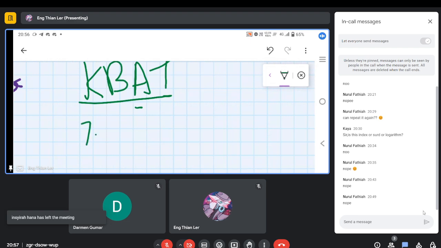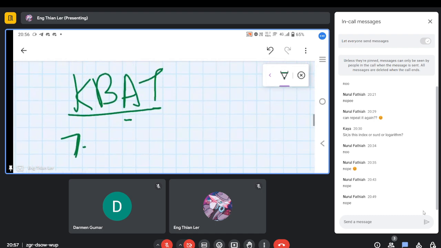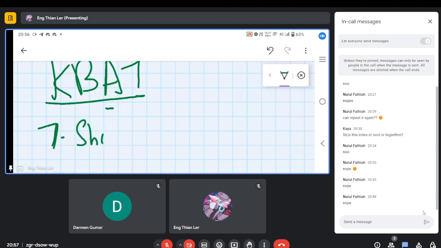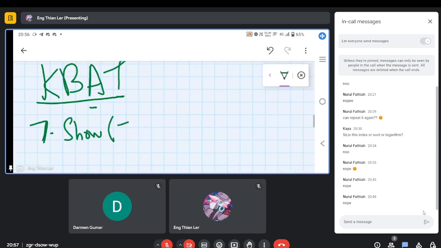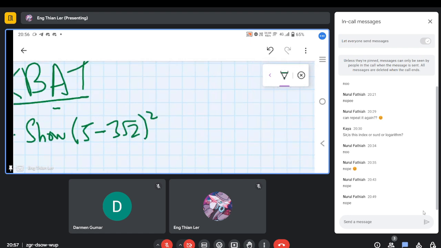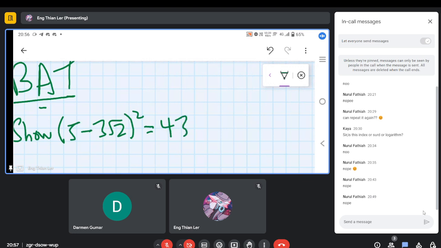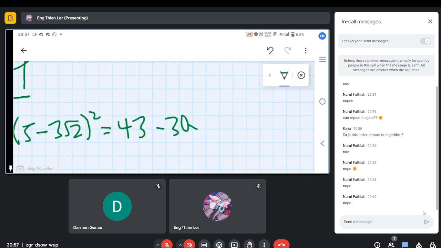Okay, so this will be our first kbart. Show that 5 minus 3 root 2 squared is equal to 43 minus 30 root 2.